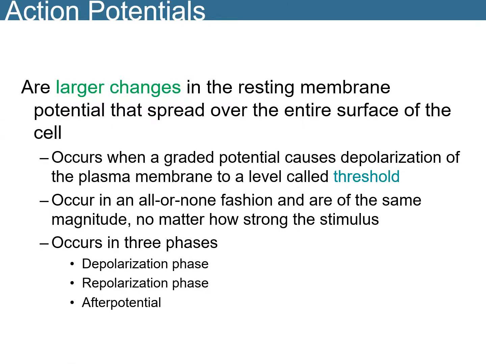So let's talk about the three different parts of an action potential. If we reach threshold, right, then those graded potentials are going to lead to an action potential. An action potential is all or none. We always hit positive 35, positive 40 millivolts because once we reach threshold, we must go through the whole process.